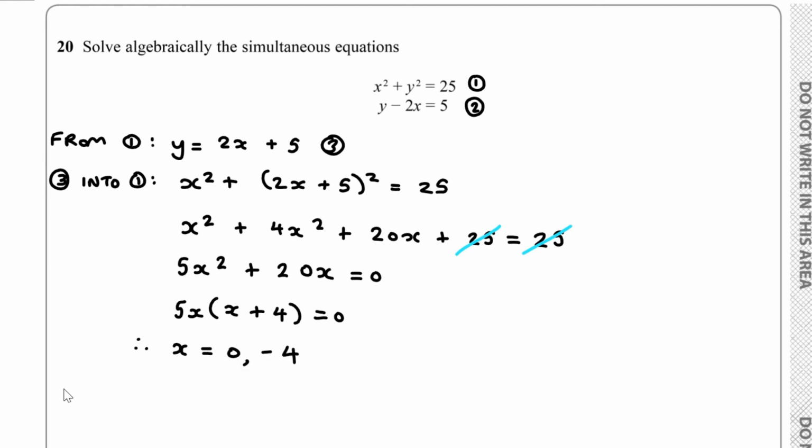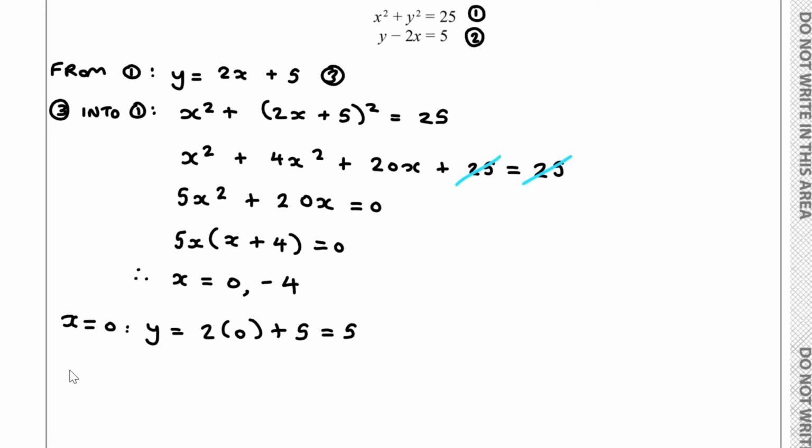Now when x is equal to 0, y will equal, if we substitute back into equation 3, 2 lots of 0 plus 5, which is 5. And when x is equal to minus 4, y is equal to 2 lots of minus 4 plus 5.